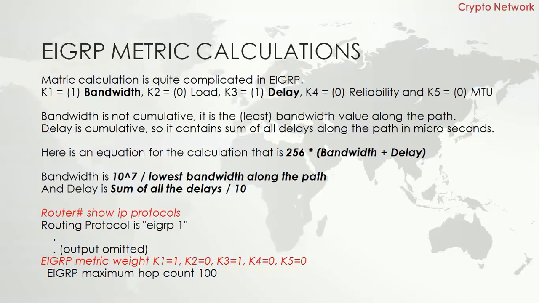So bandwidth is the least bandwidth of all outgoing interfaces on the route to the destination network, and that is represented in kilobits, whereas delay is the sum of all the delays configured on the interfaces on the route to the destination network, and that is in tens of microseconds.